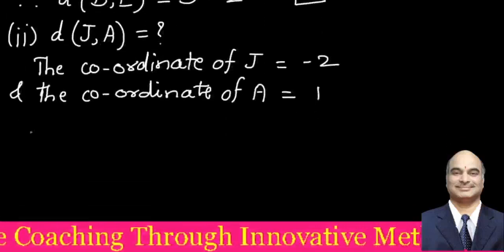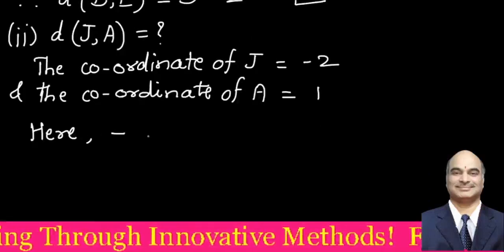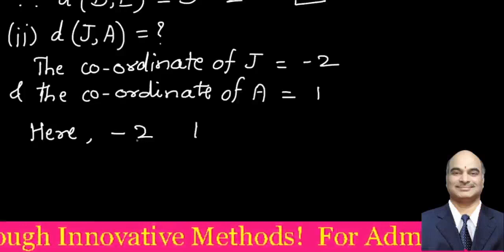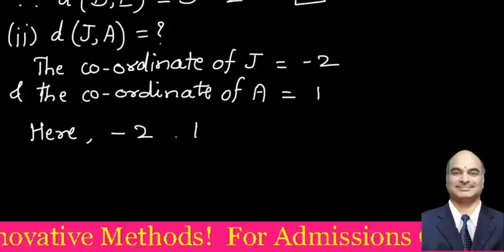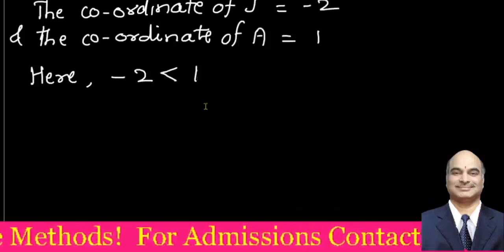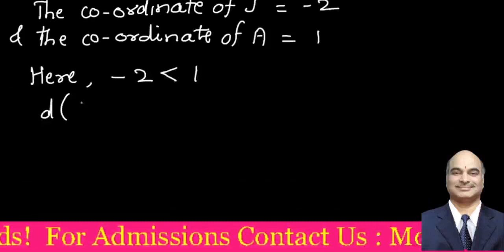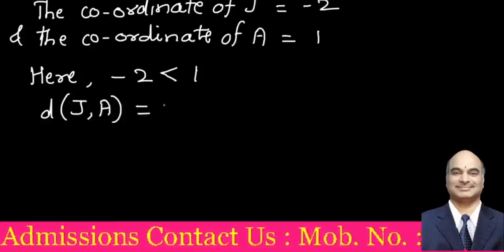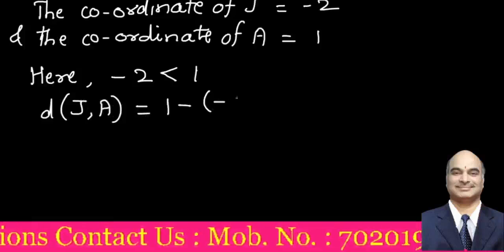Now -2 and 1. Two numbers we have, -2 and 1. One is a positive number and the other is negative, -2. As we know, negative is always smaller than positive. So therefore the distance between points J and A is equal to greater number minus smaller number.